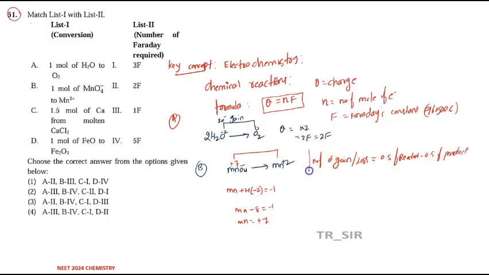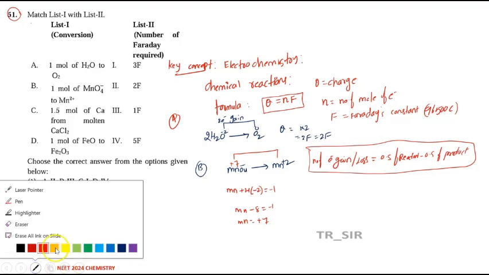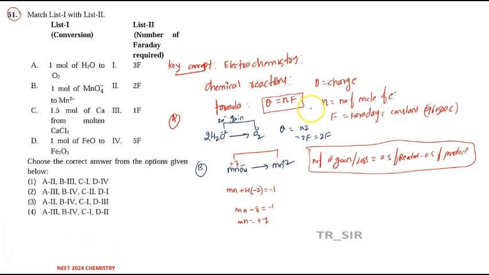This is the formula you can use to find how many electrons they are losing or gaining. From this, 7 minus 2 means we will have 5 electrons, that means 5 into F. Q is equal to 5F will be the answer.